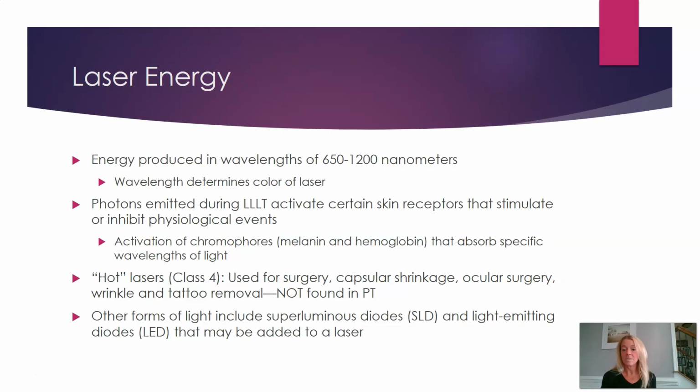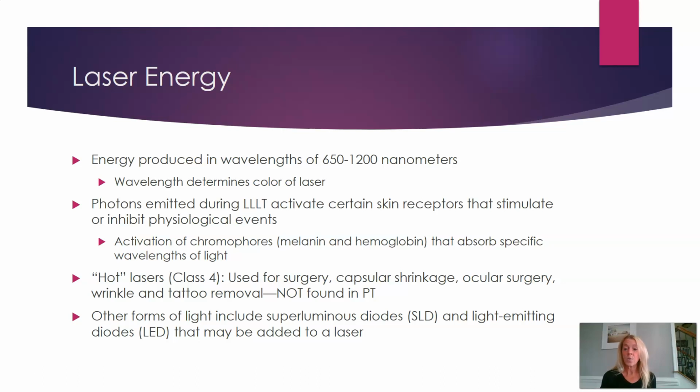And then that's what causes the physiologic events that happen following application of laser. What is actually being activated are chromophores, which are your melanin, which is what causes the pigment in your skin, and your hemoglobin, which is your major transporter of oxygen. They're going to absorb specific wavelengths, and then they're going to have effects underneath the surface.